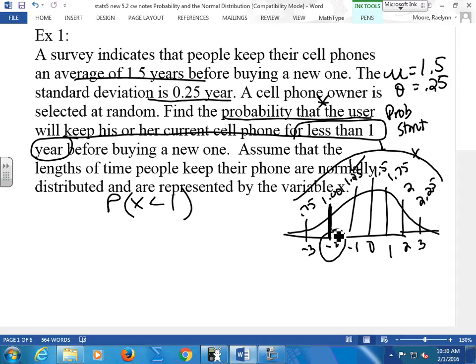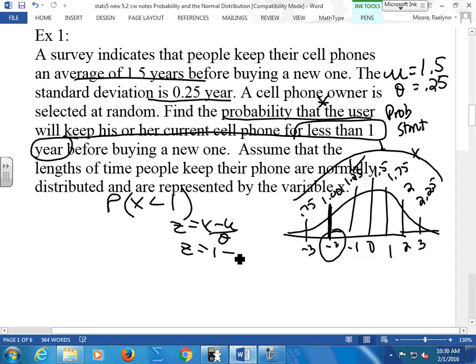I'm a little bit skeptical, so I'm going to do my Z-score formula. I take my X value minus my mean, over my standard deviation. This gives me -0.5 over 0.25, and I get -2. It just so happened that 1 fell perfectly in my graph, didn't it?